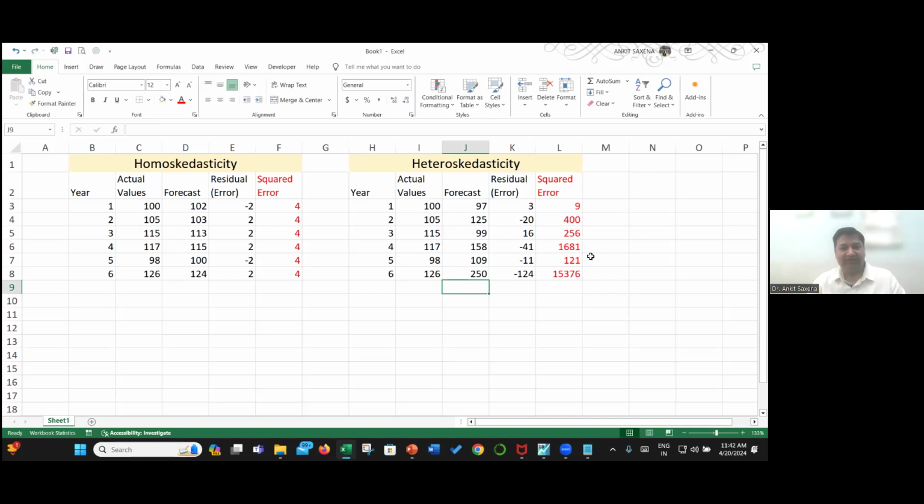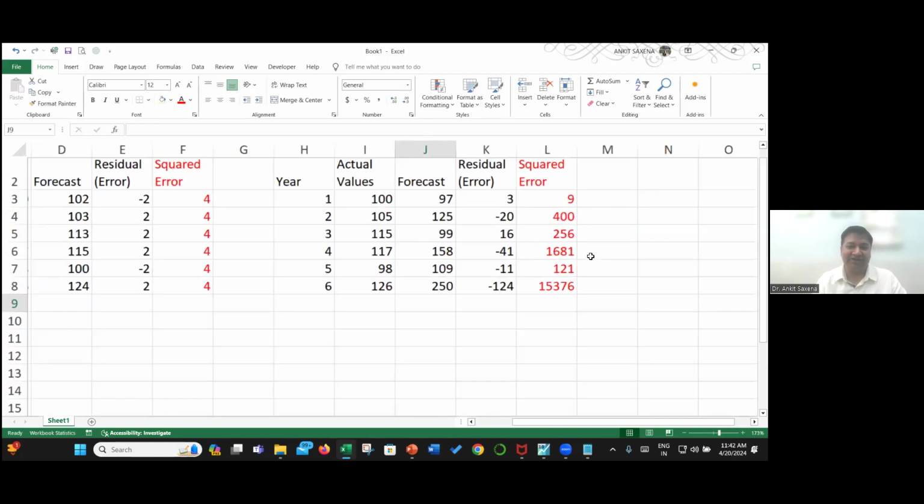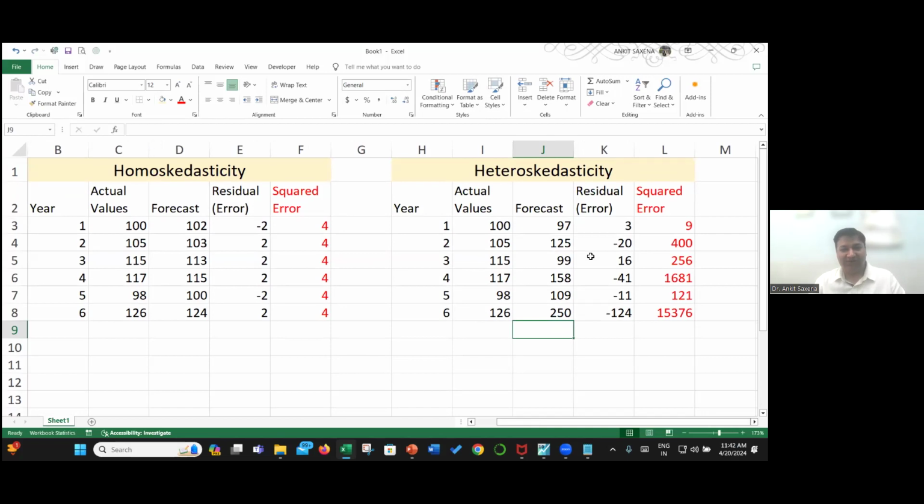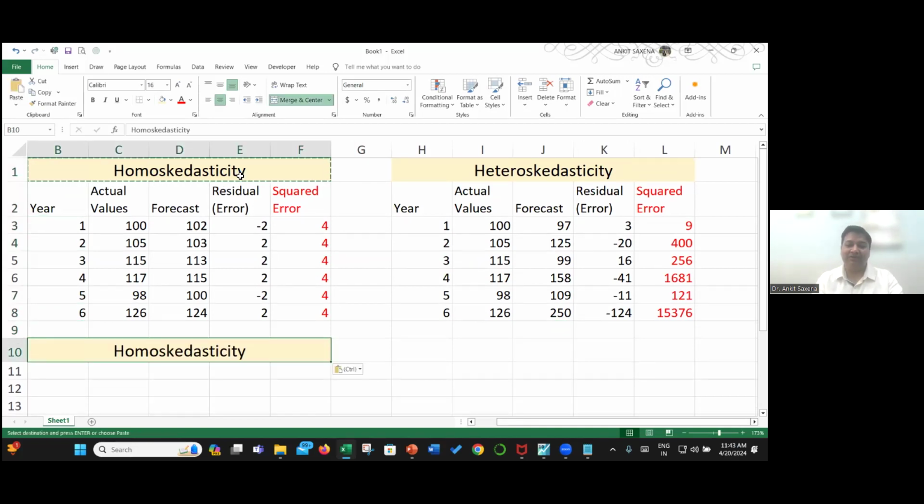Though this is a very lame explanation that I'm giving you right now, we go and check further details. We check the variance of the squared error. I'm not covering that part, but just to give you a basic understanding: when your squared error is very much constant, homoscedasticity is a prerequisite for the least square method.